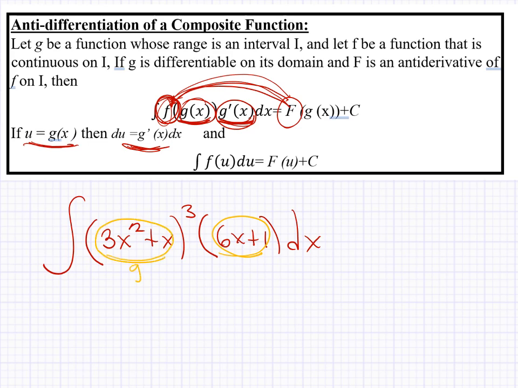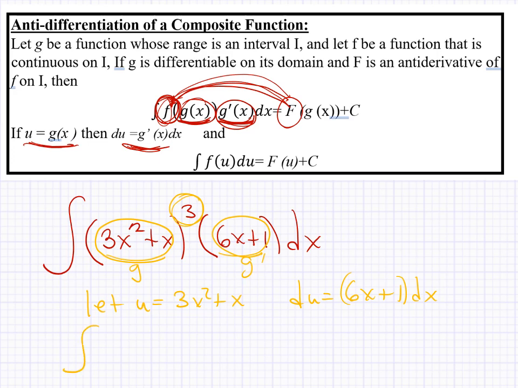So I have a g and I have a g prime. That means that this is my f, which is the cube, the third power. So if I let u equal 3x squared plus x, then du would be (6x plus 1) dx.